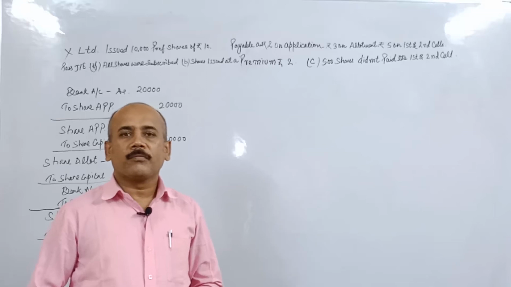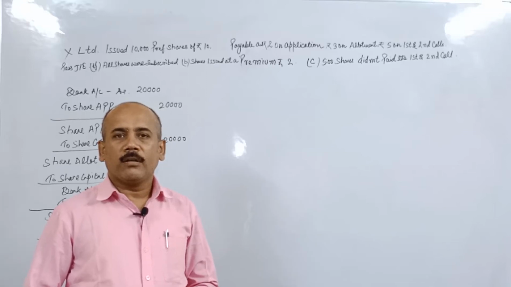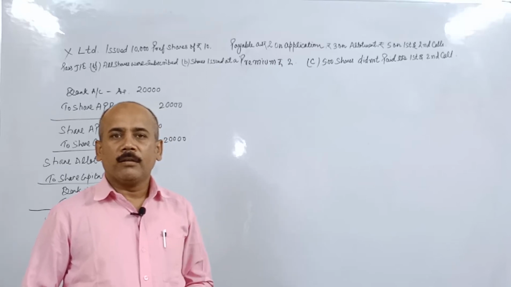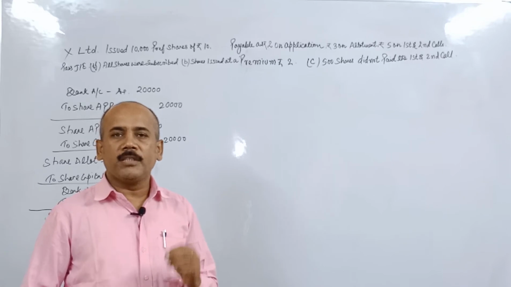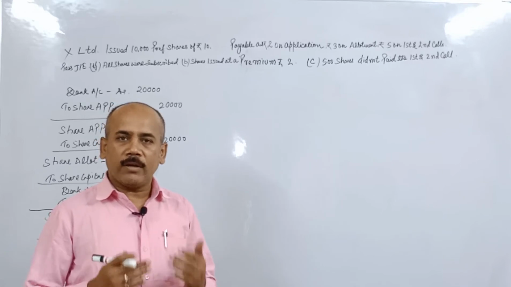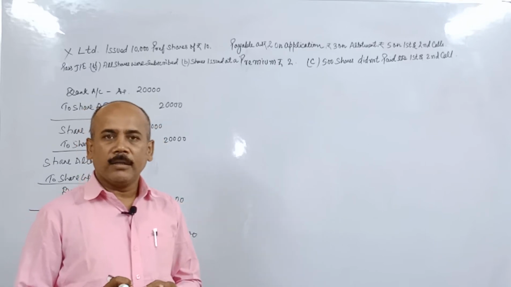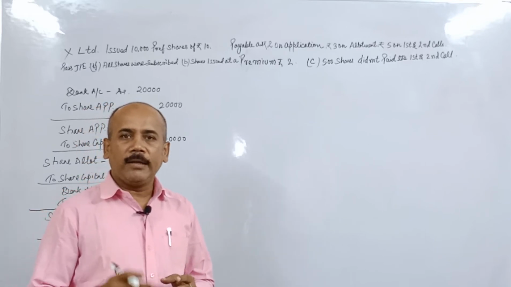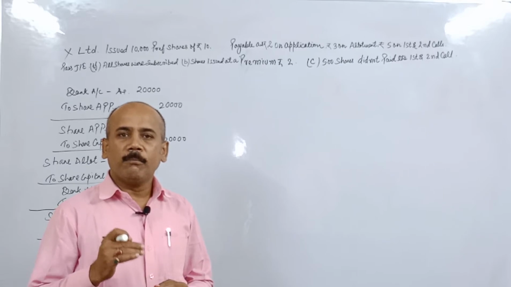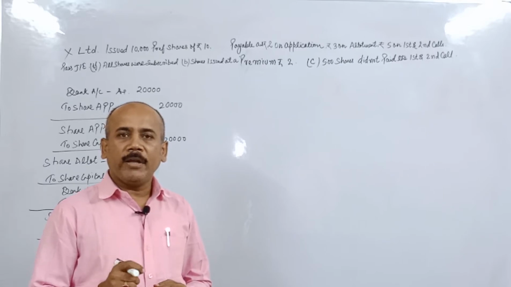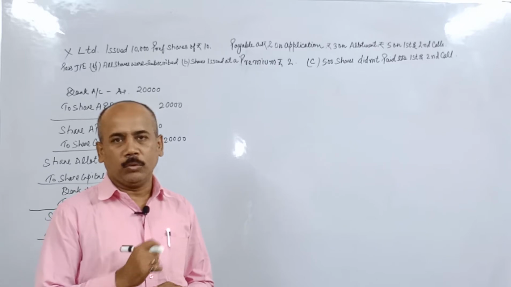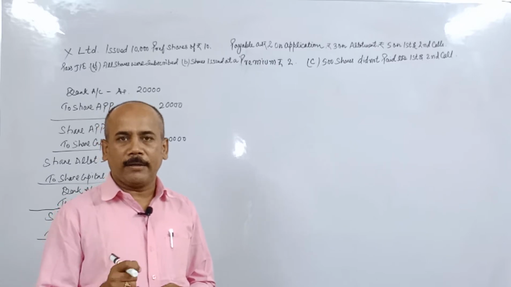Hello students, we will solve an example of issue of shares in company accounts, which is the first essential and basic example of what entries are passed in the books of a company when shares are issued to the general public.